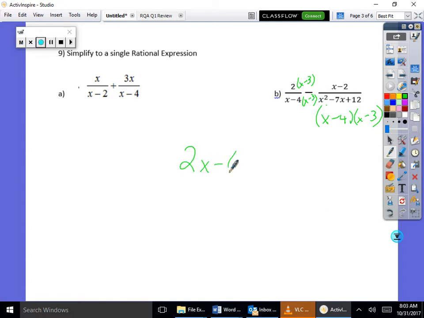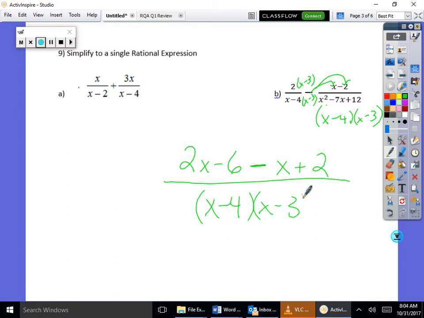2x minus 6 minus x plus 2. Why is it a plus 2? Right, when it's subtraction, remember you have to distribute the negative to both parts. All of that over x minus 4 times x minus 3. 2x minus x is x.